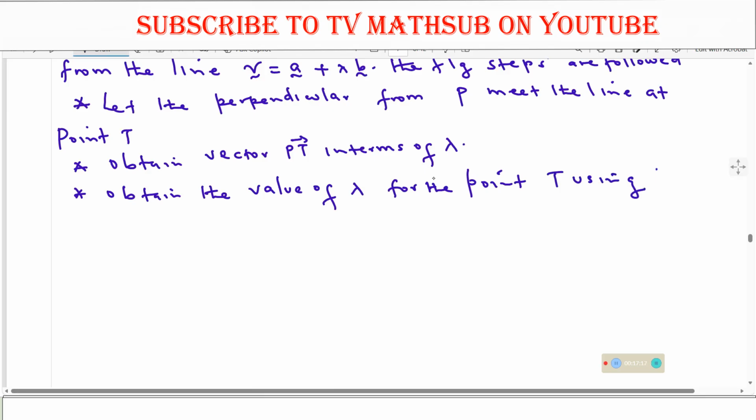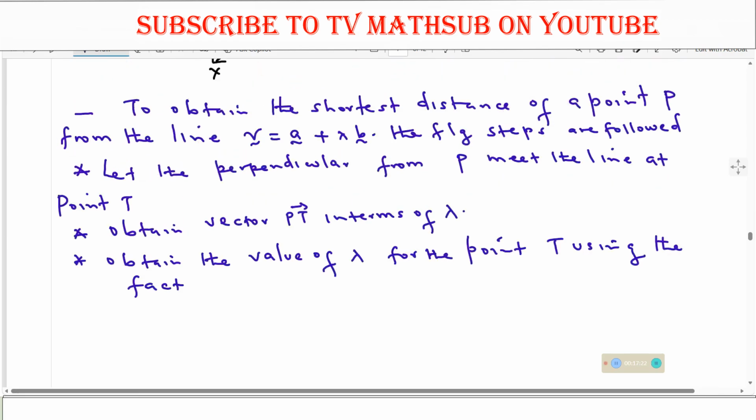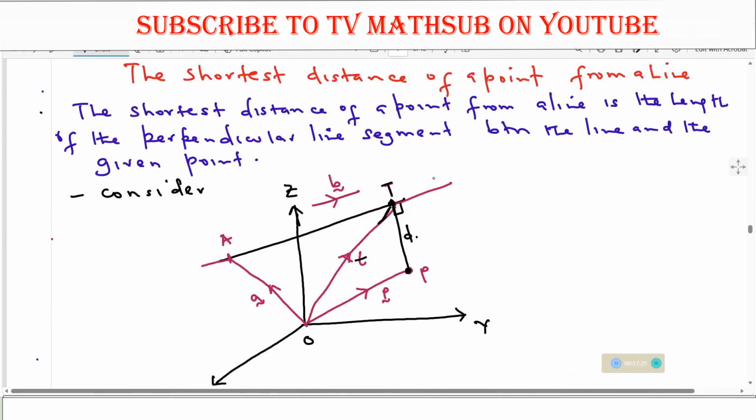using the fact that when we look at this line here, this line segment P to T is perpendicular to this line. So you are having something like this. This is your point P. It is perpendicular to this line, but this line is parallel to B. What does that imply? If this is point T, it implies that vector PT is perpendicular to the line.